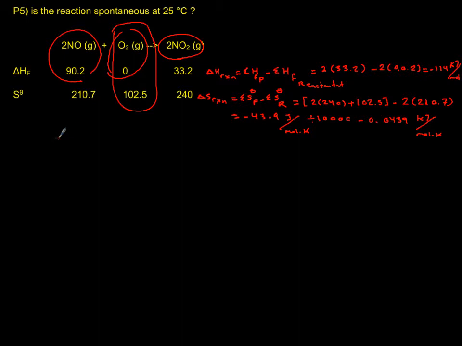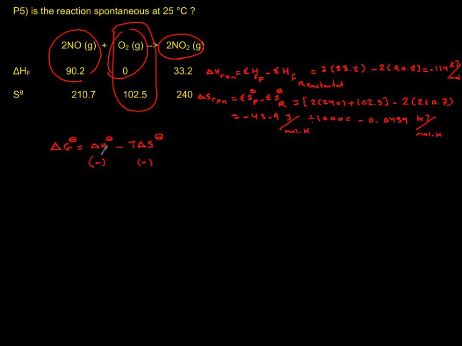Now let's just plug it into delta G equals delta H minus T delta S. Now our delta H is exothermic, nature likes that, but we are becoming ordered, because you're going from 3 particles of gas to 2, and this is a negative value. Negative times negative is positive.